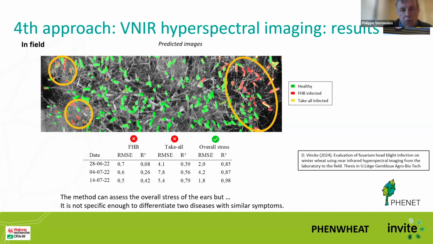During this trial year, we had not only Fusarium, but also take-all disease, another disease giving symptoms similar to Fusarium. So in this case, we were not able to distinguish the 2 diseases, but we had good results regarding the overall stress. All this work was also part of the thesis of Damien Vink.